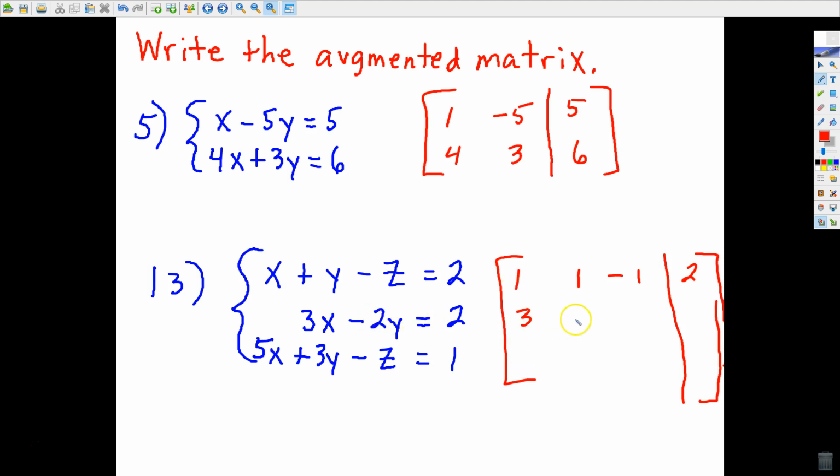The middle column should be y. There is no z, so we'll put 0 in the z spot. And then this last row would be 5, 3, -1, and then +1. So that is what is known as an augmented matrix: how to take a system and rewrite it in that form.